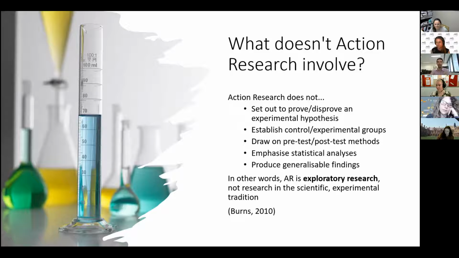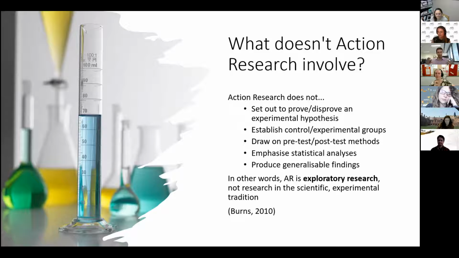How do I provide any evidence that what I am observing in class is actually true in other contexts? But in fact, we don't need to do that. We don't need to set up control and experimental groups or do pre-test and post-test methodology, which would take a lot of time and requires a much more in-depth process to get that kind of proof.